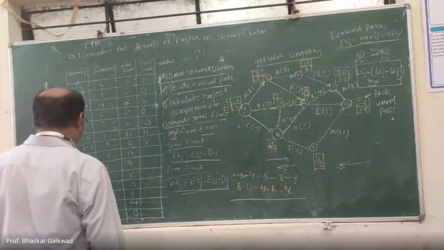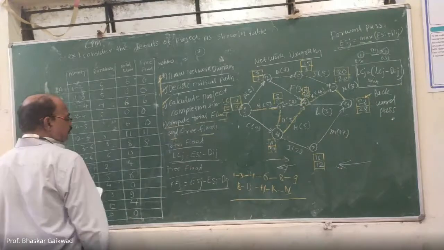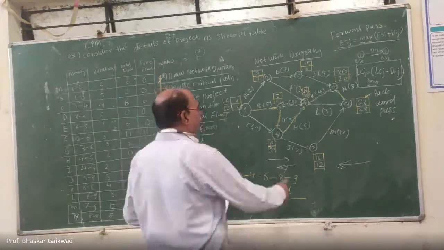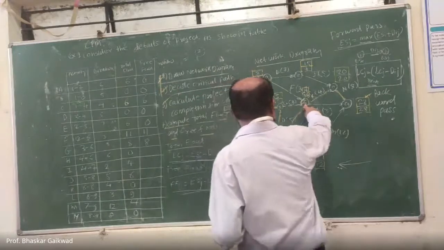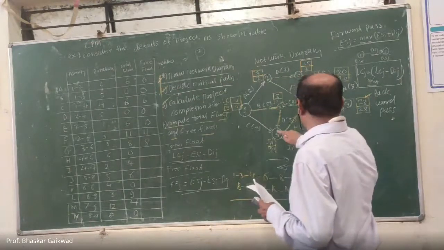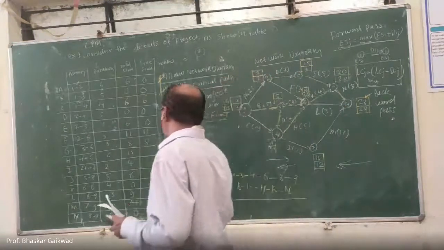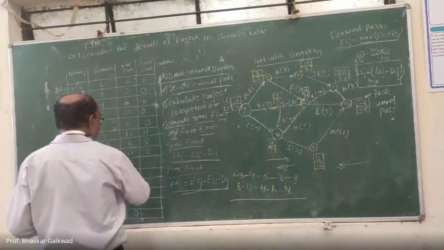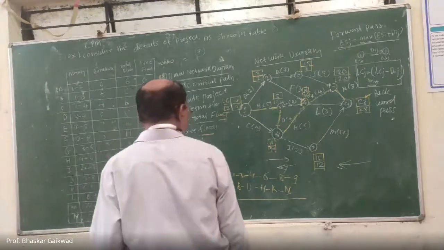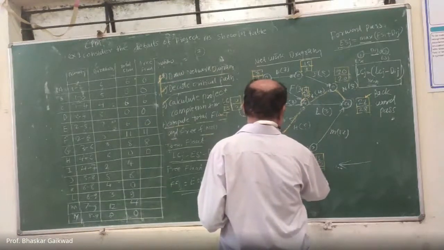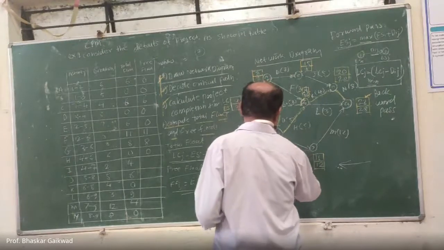Similarly, you can calculate H. H, that is 4 to 6. So here 16 minus 10, 6 minus 6, 0. So here is just 0. I, 4 to 7. Here is the 12 minus 10 minus 2, 0.